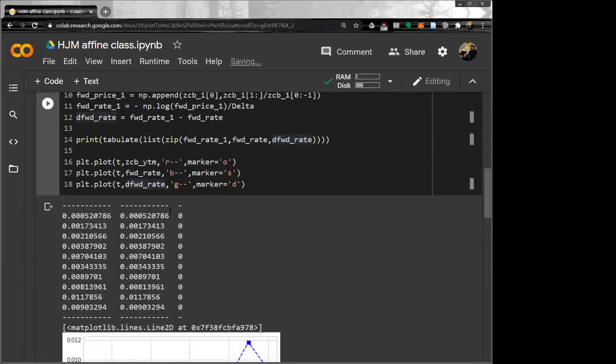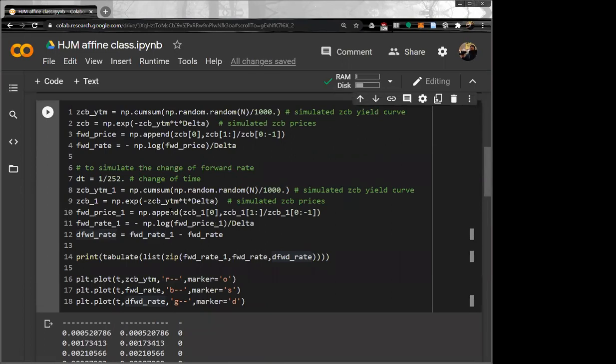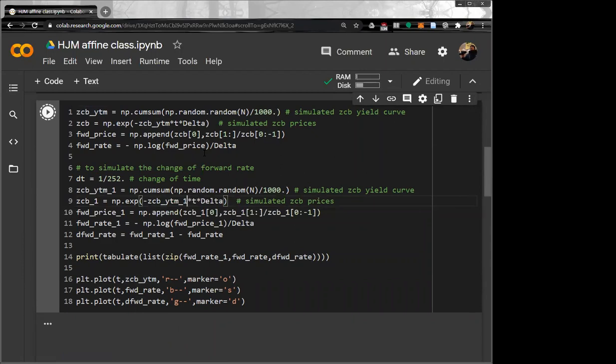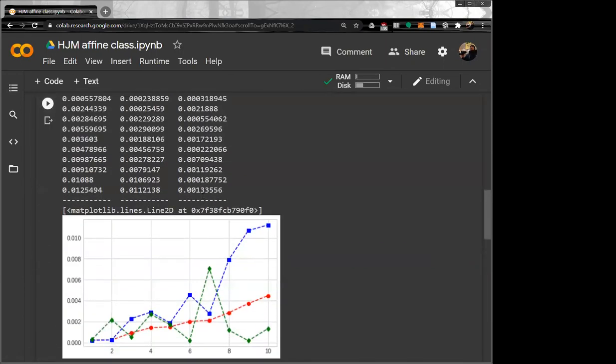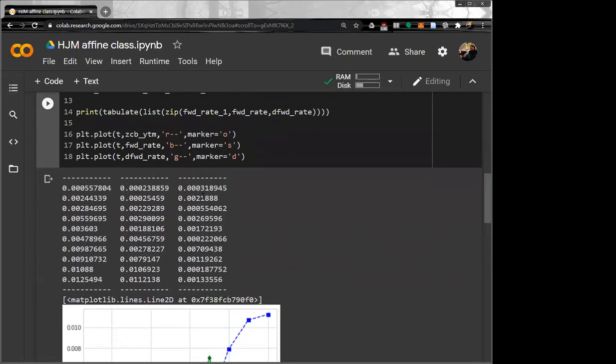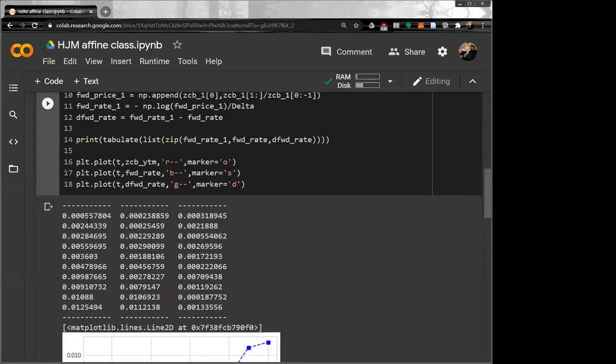Oh, it is 0. Why is it 0? It shouldn't be 0. It should be 1 over here. Yeah, the data is different. So it looks like this. This is tomorrow's forward rate, today's forward rate, and the difference. So the difference is the change of forward rate.